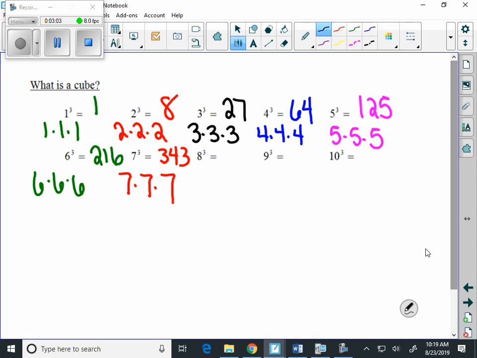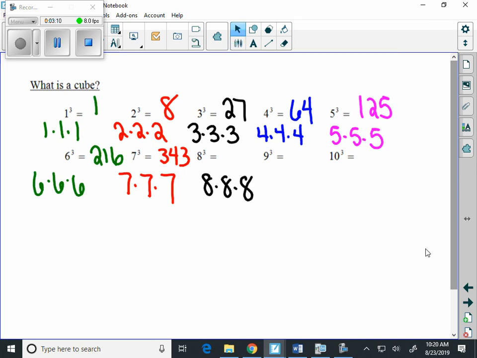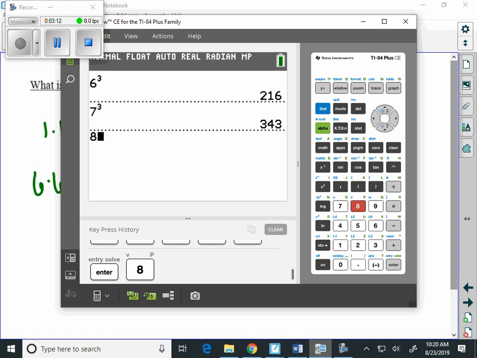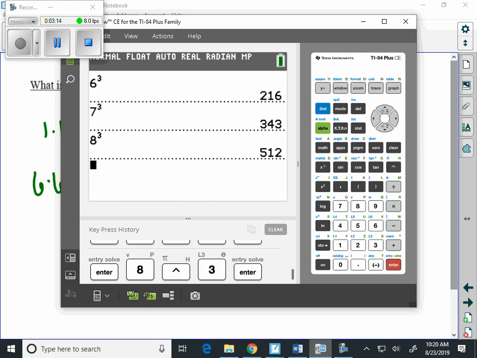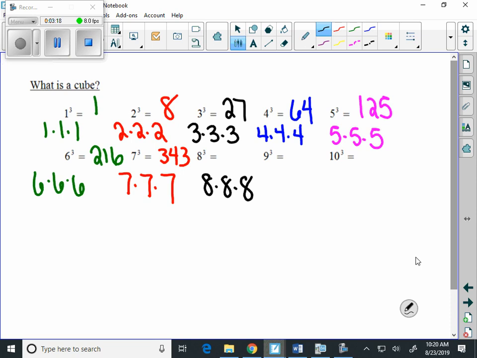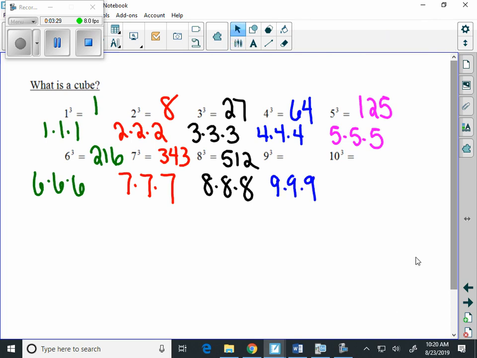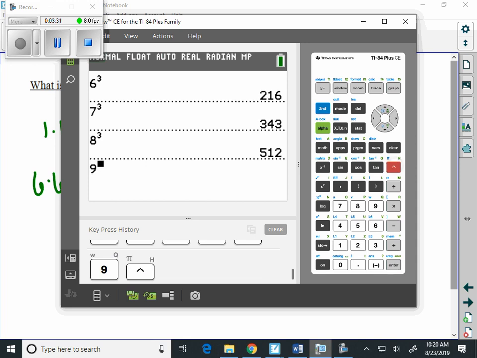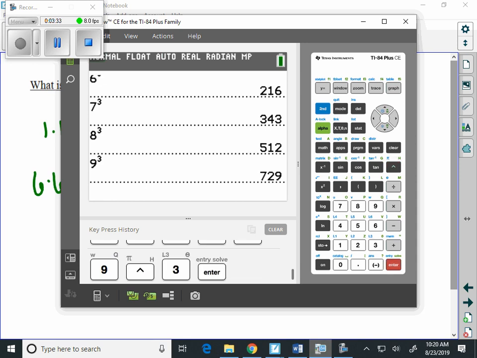You get the picture as we get close to finishing these. 8 times 8 times 8 is what 8 cubed means, and 8 cubed on the calculator gives us the value of 512. 512 is a perfect cube. 9 cubed is 9 times 9 times 9, and 9 cubed is 729.